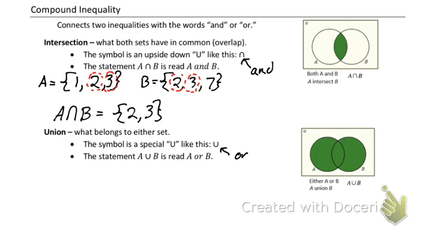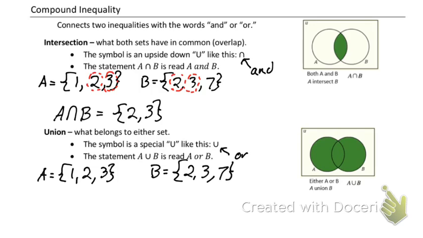In our example with the sets above, if A is 1, 2, 3 and B is 2, 3, and 7, then A union B is going to be all those sets put together.